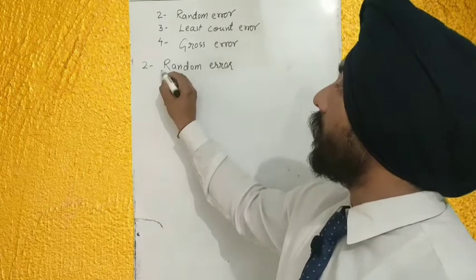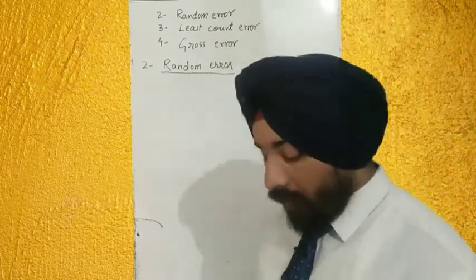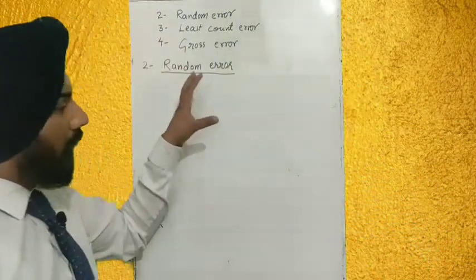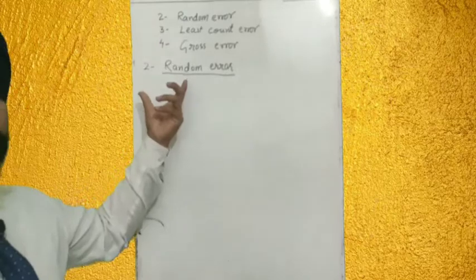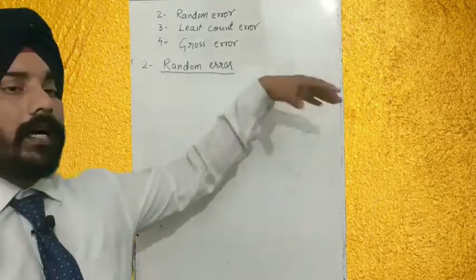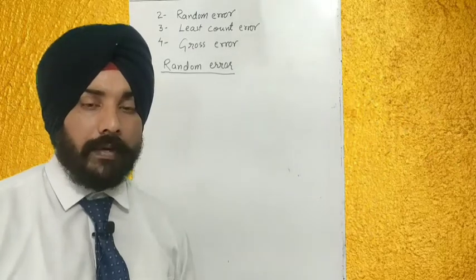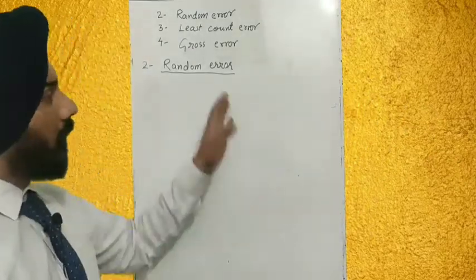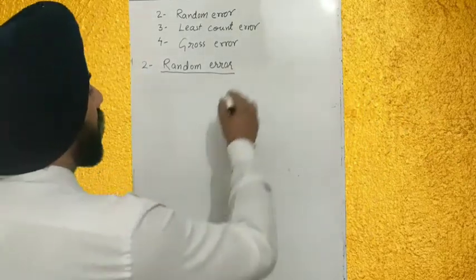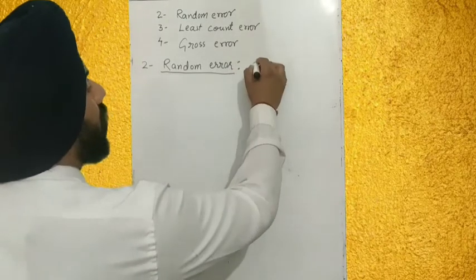You know the meaning of random. So random errors mean the errors which are occurring randomly in the experiment. So what will be the definition of the random error?